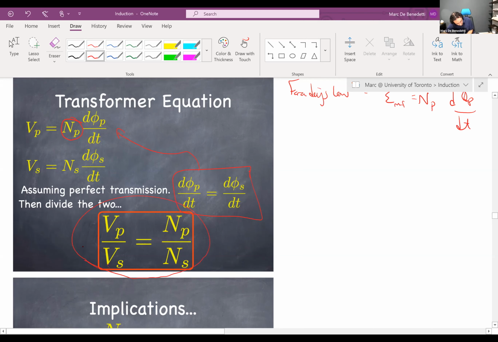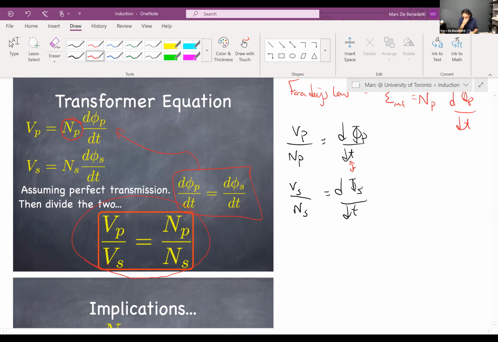So what I'm doing here is I'm saying V primary over N_P equals d flux primary over dt, and then I'm saying V_S over N_S equals d flux secondary over dt, and we know that these two things are equal to each other by design. Again, not a rule of nature.